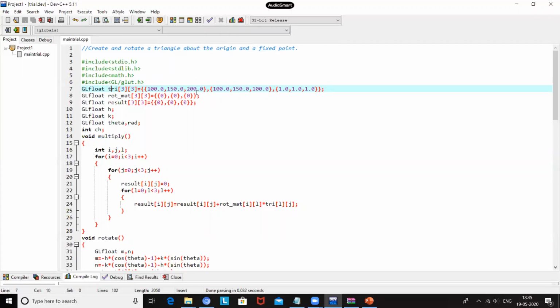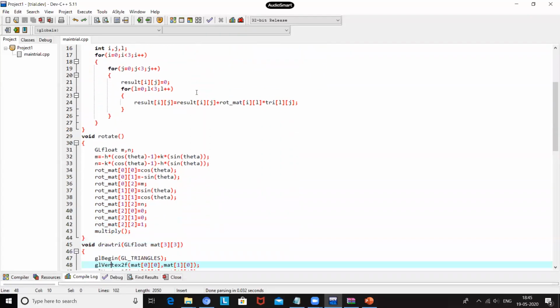The points are written in such a way that all x coordinates are stored in one array element, the y coordinates of all the points are stored in another array element, and z coordinates are stored in another array element. Now let's go to the main function.